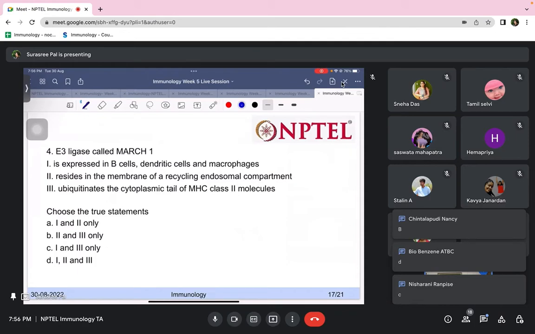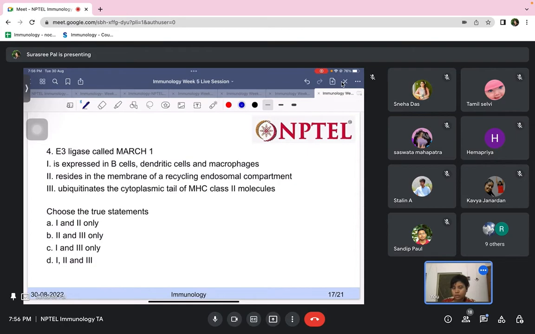Take your time, go through these options carefully, and then choose the true statements. Tell me if you think that any of these statements is wrong.